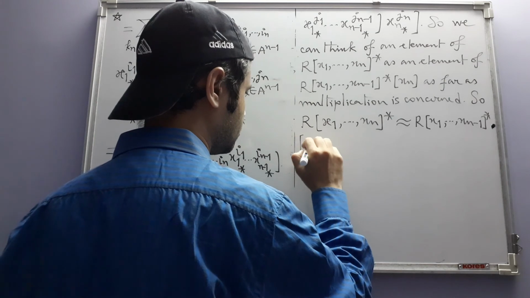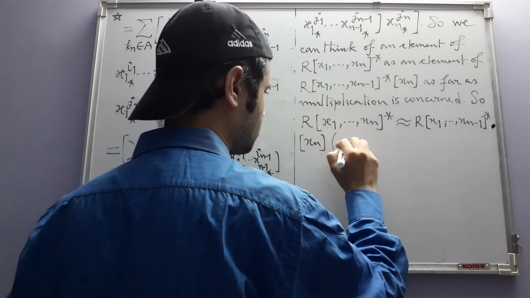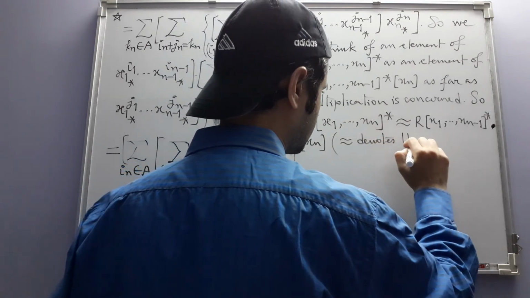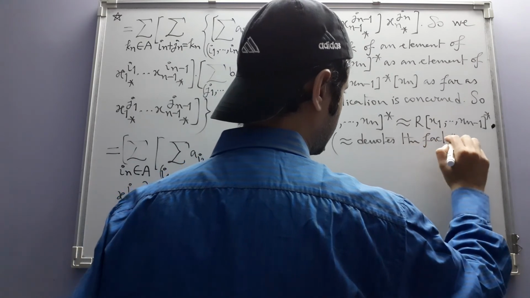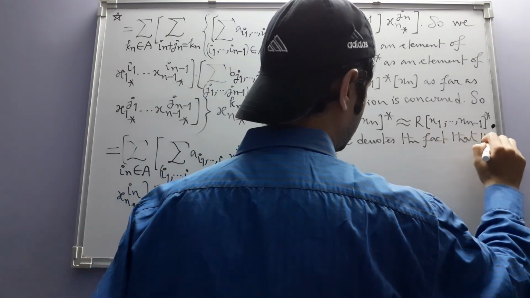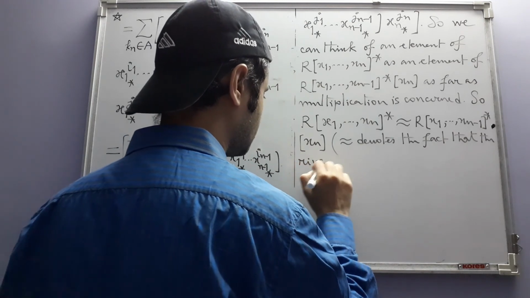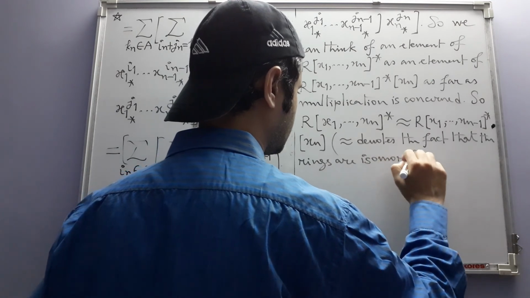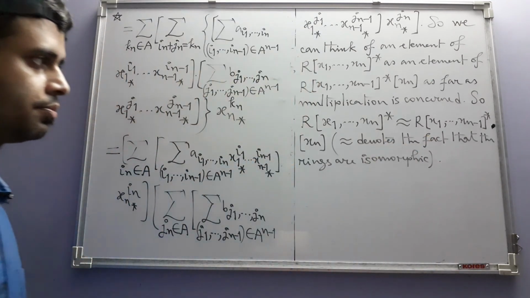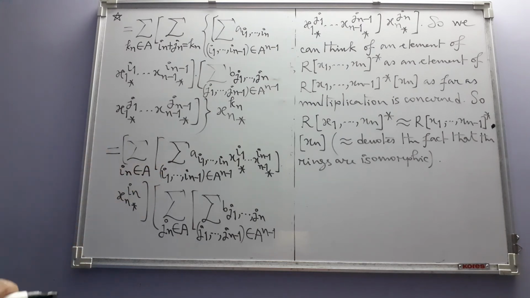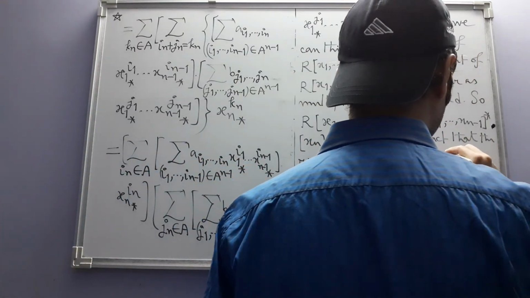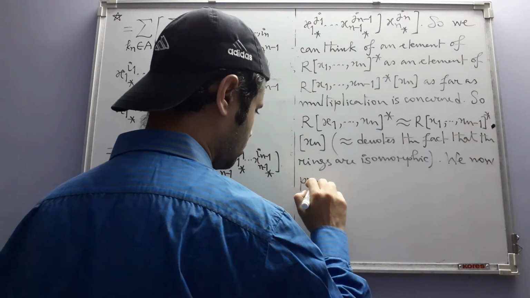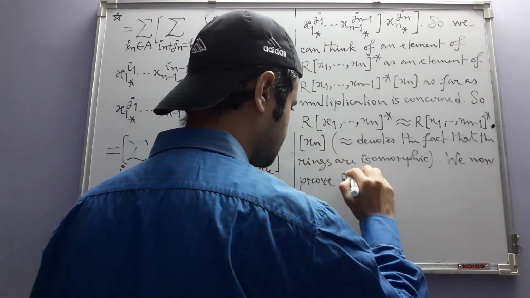This denotes the fact that the rings are isomorphic. Now, using this insight, we are going to prove this.